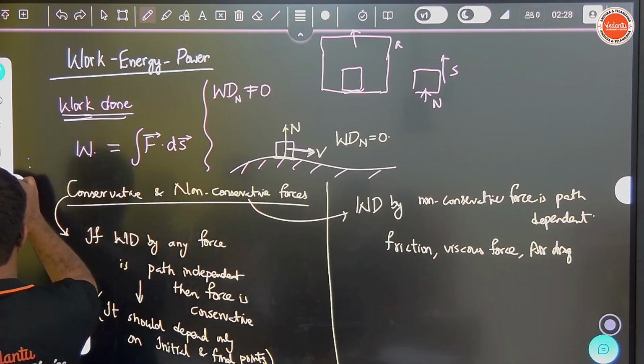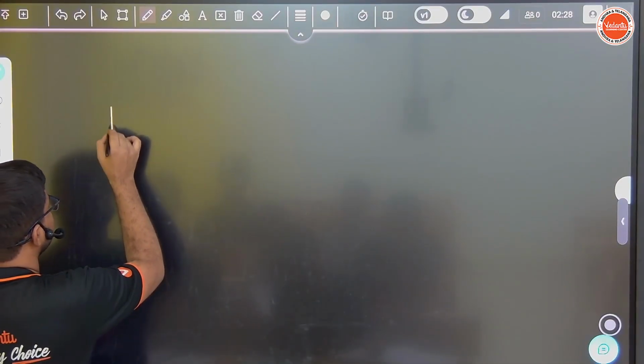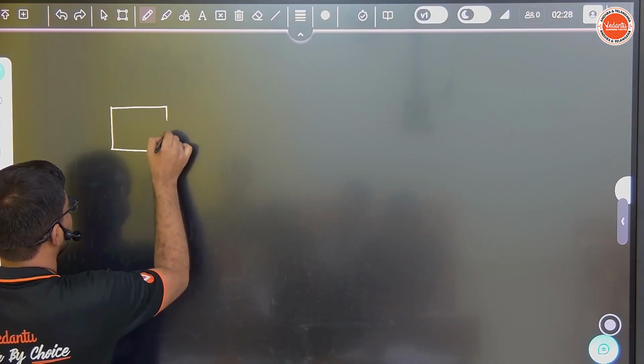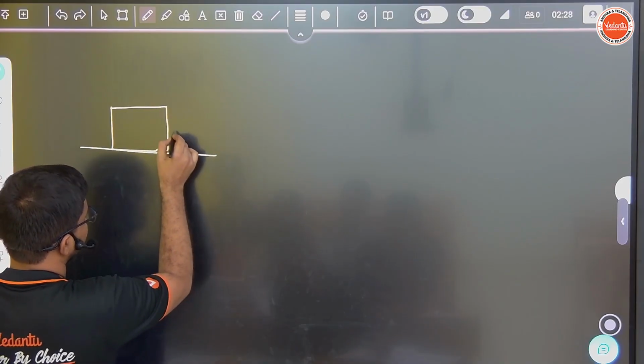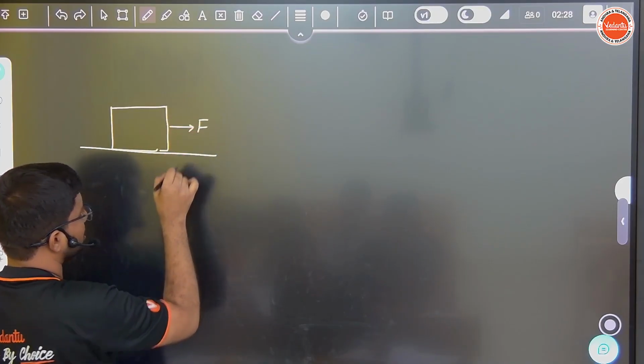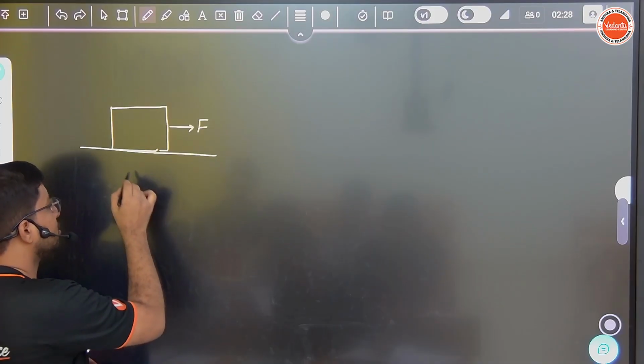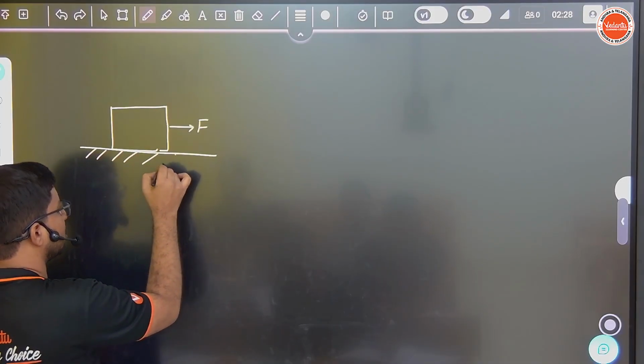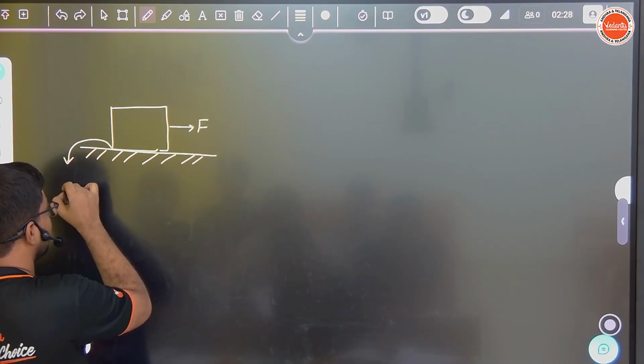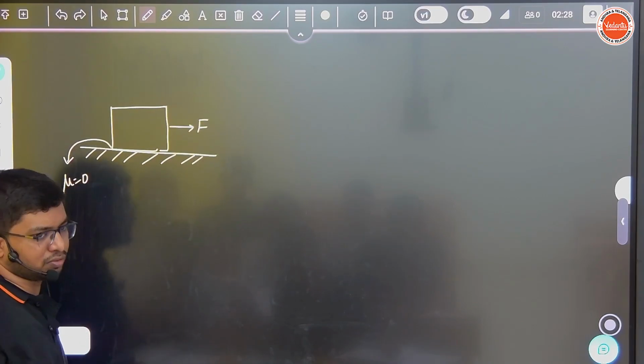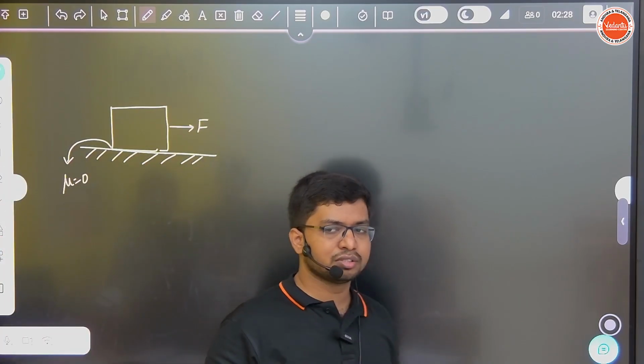What is that? Okay, I'll ask you in simpler terms. Let us assume that I'm applying some force on this body, resting on a smooth surface, where mu is equal to 0.